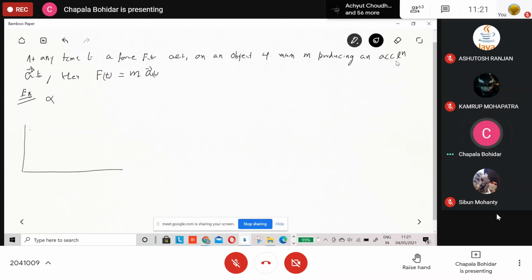Here the projectile is fired with this initial velocity v0, and the angle of elevation is alpha.